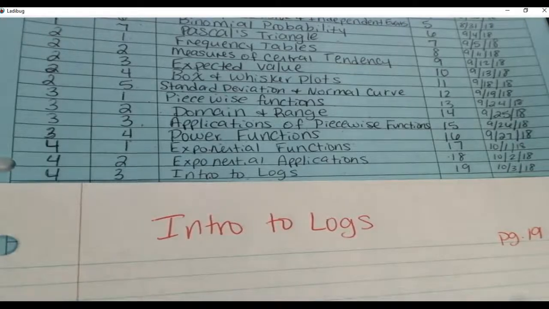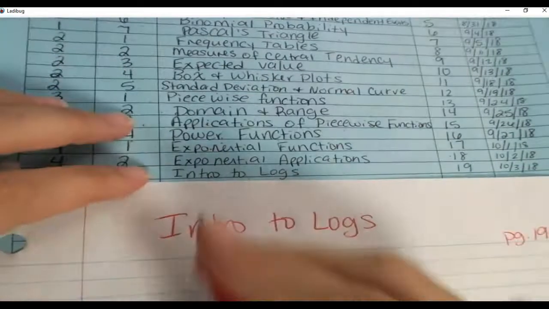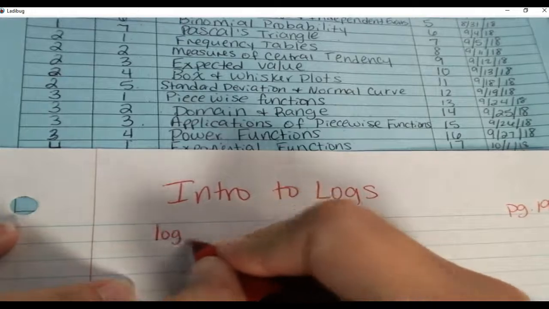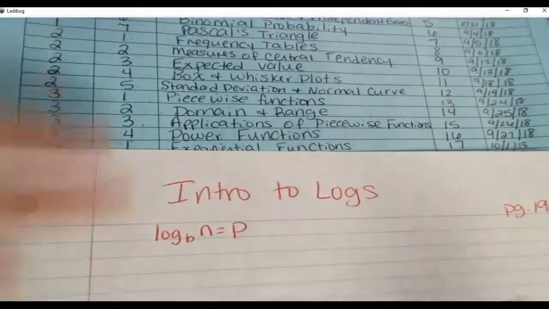So, a logarithm is another way to write an exponential. Okay? So let's say we have log base b of n equals p.